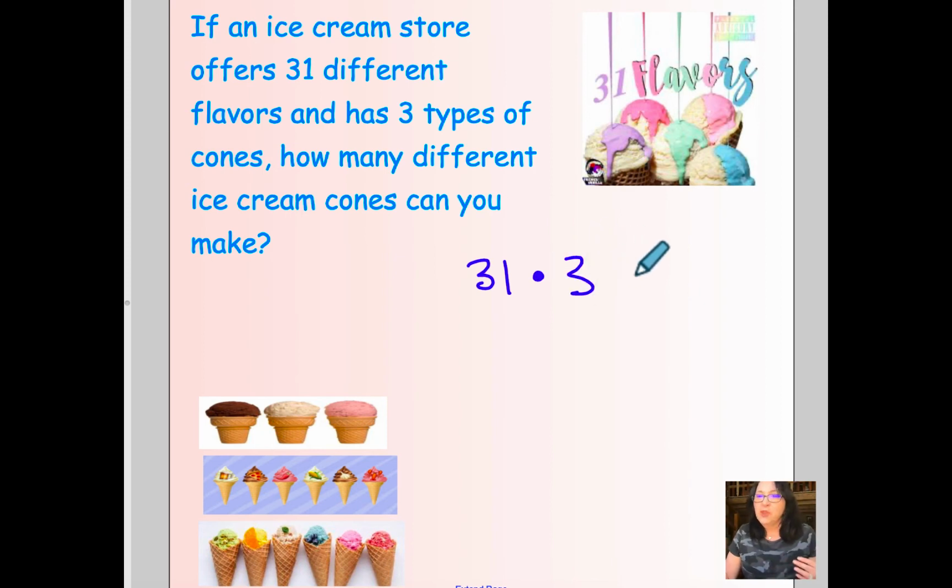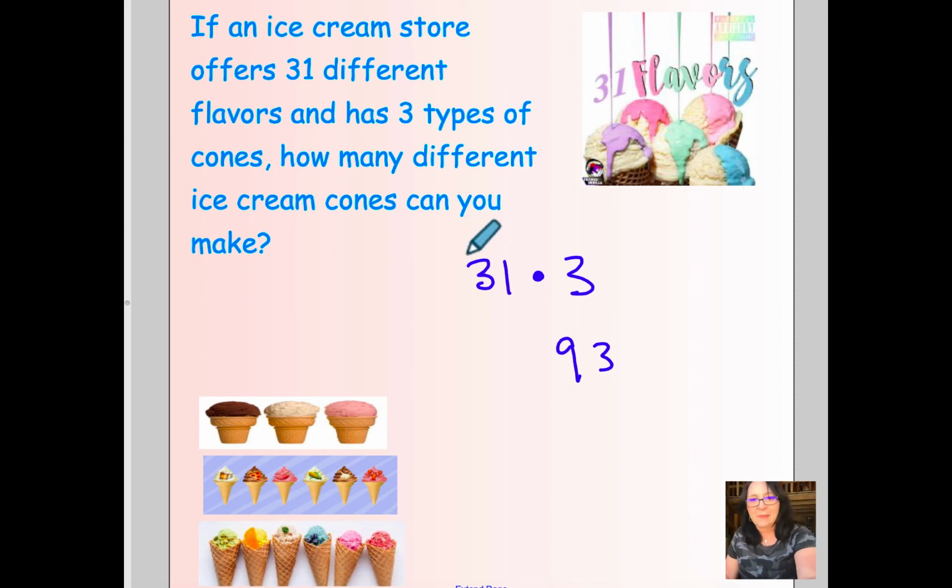Now, if you want a cone and an ice cream, because of course I could have just a cone, if some people like to eat just the cones, or I could have just the ice cream, and I could do either or. But most people, if you get an ice cream, you're going to need a cone with that, right? So that would just be 93 different ice cream cones that you could make with this option.